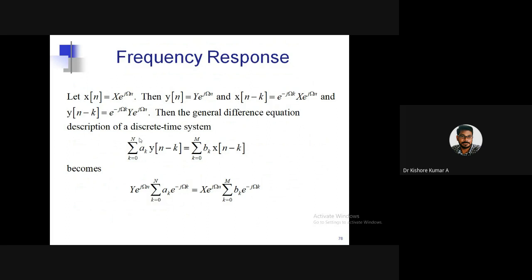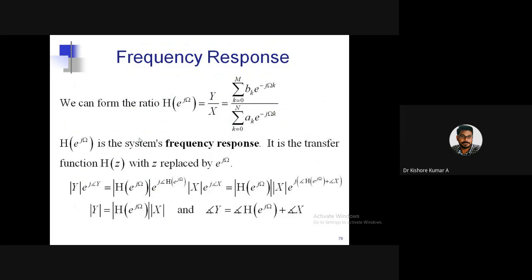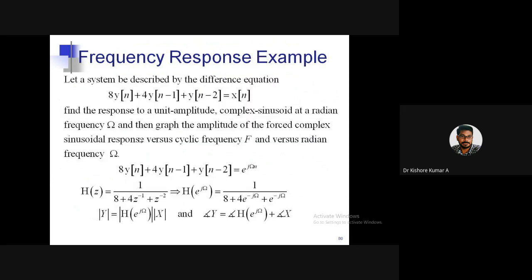That is, y e power j omega n times the summation of k equal to 0 to n of a k e power minus j omega k equals x e power j omega n times the summation of k equal to 0 to m of b k e power minus j omega k. With this we can calculate the frequency response. So the transfer function, with z replaced by e power j omega, can be written like this. And this is the frequency response example.